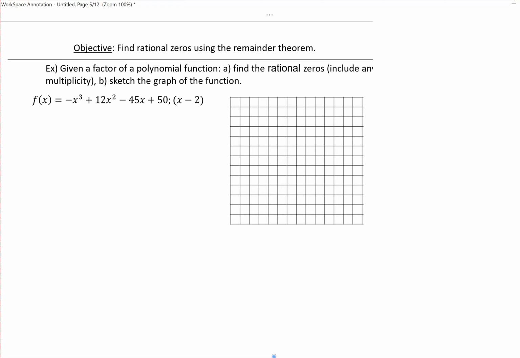So here we have our function f of x, and the factor that we're given here is this x minus 2.